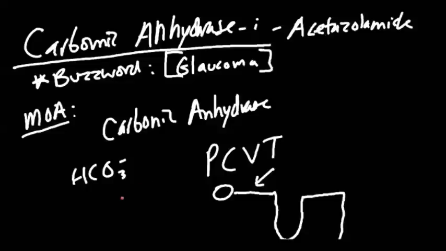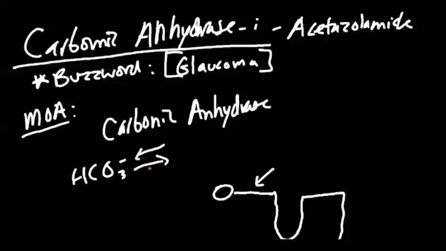And here is the reaction that carbonic anhydrase deals with. We're going to take our bicarbonate, and we'll be able to form carbon dioxide and water, and also note that it is reversible.